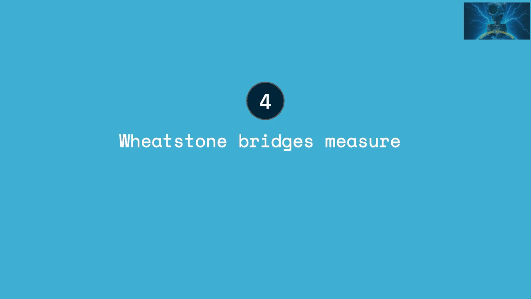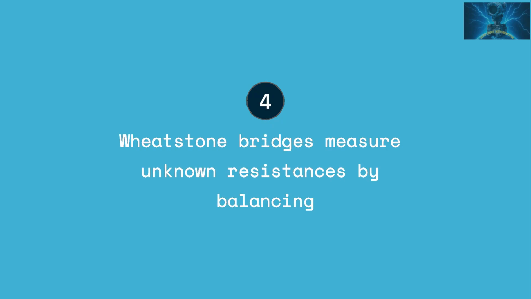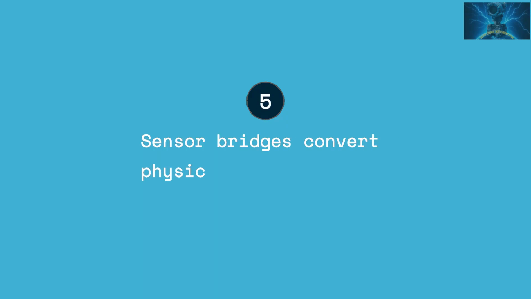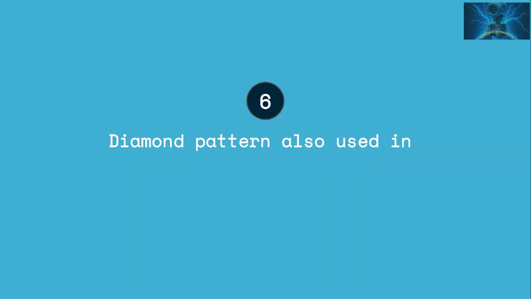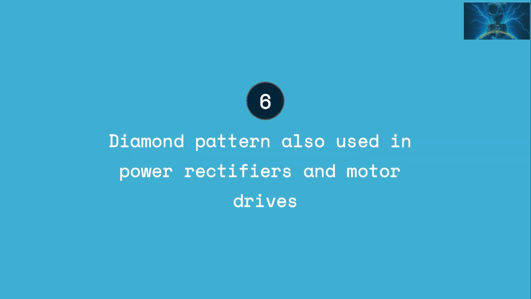Wheatstone bridges let us measure unknown resistances by balancing against known ones. Sensor bridges turn strain, temperature, light, and other physical quantities into useful voltage signals. The same diamond pattern also shows up in power rectifiers and H-bridge motor drives.